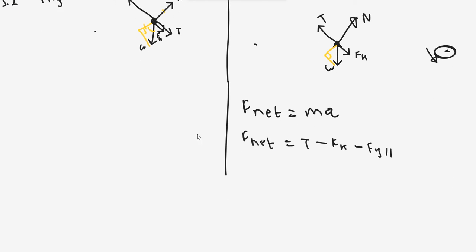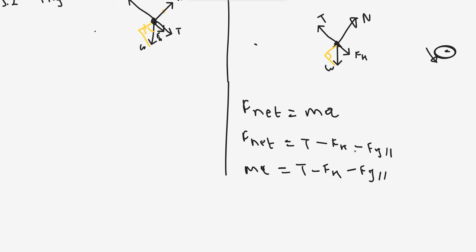We equate our equation by saying MA is equal to T minus Fk minus FG parallel.